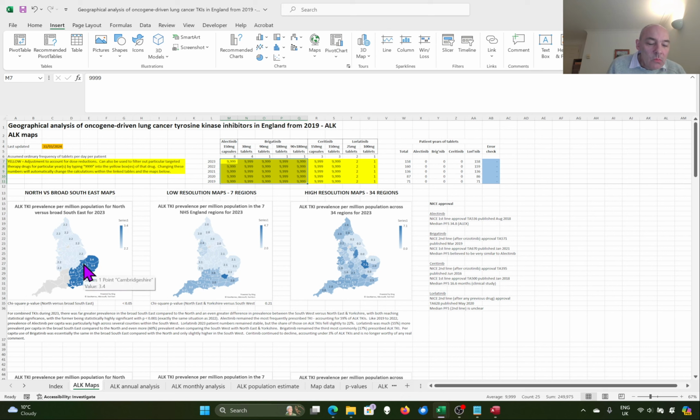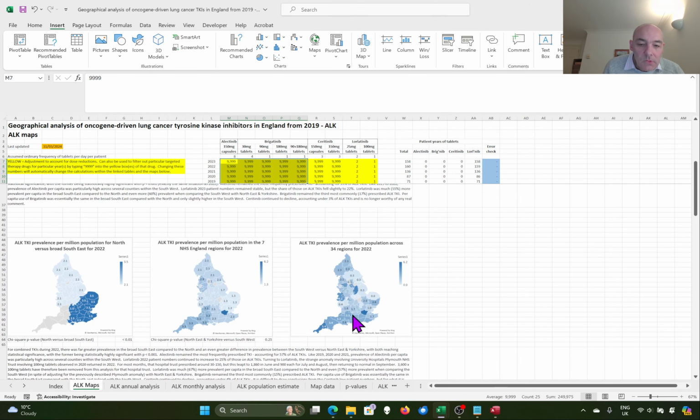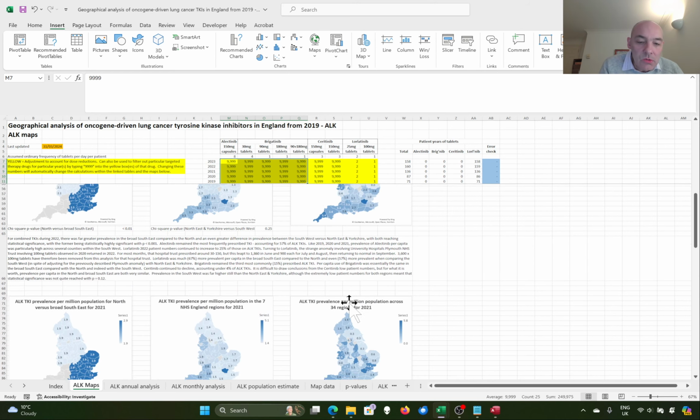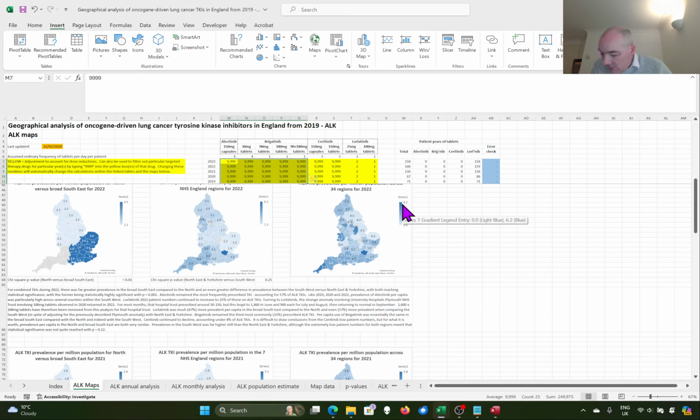There's 3.4 million in this region and 2.2 million in that region. The p-values have changed, and this patchwork over here on the right for the most prevalence in the different roughly county size regions has also changed. So that's basically everything that I've done. Let's check my notes. So yeah, I think that's everything.